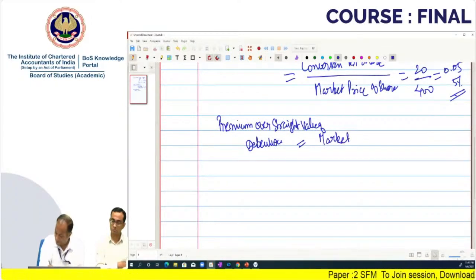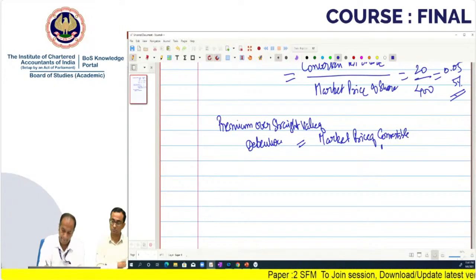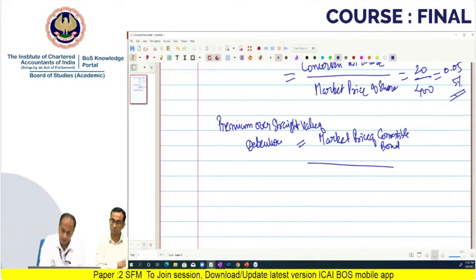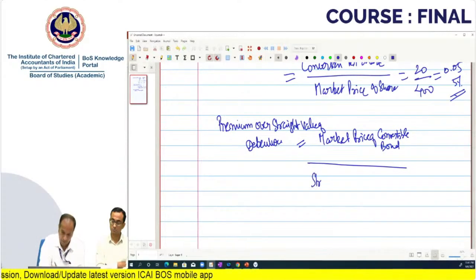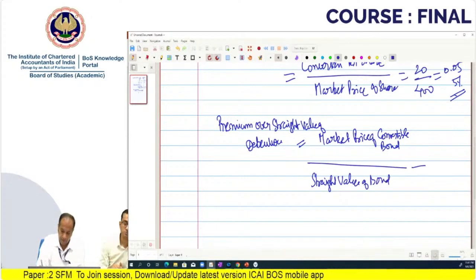Market price of convertible debenture divided by straight value of bond, minus 1.